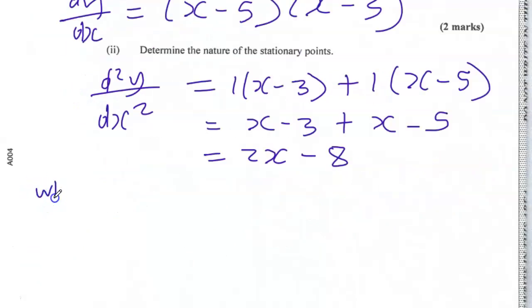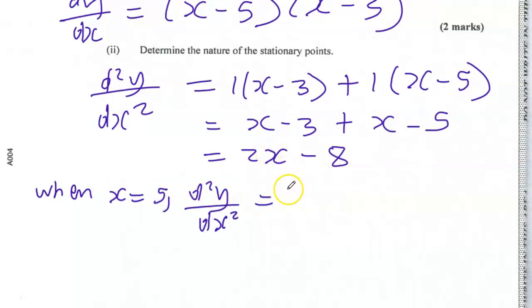So when x is 5, the second derivative d2y by dx squared is equal to 2 times 5 minus 8. Replace x with 5, so 2 times 5 is 10, and 10 minus 8 is equal to 2, which is greater than 0.